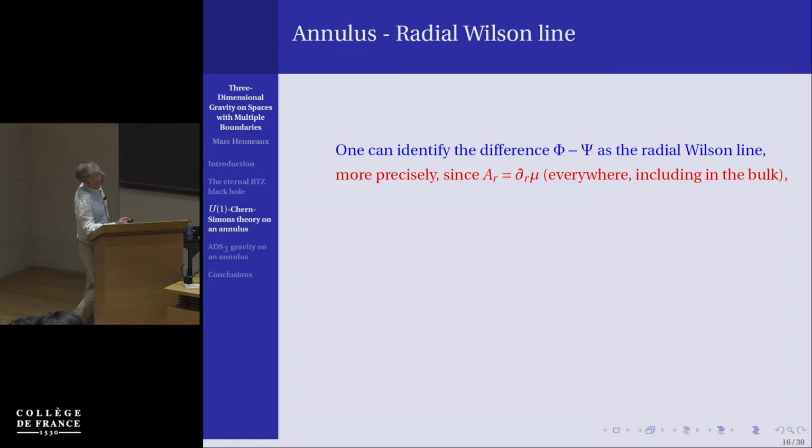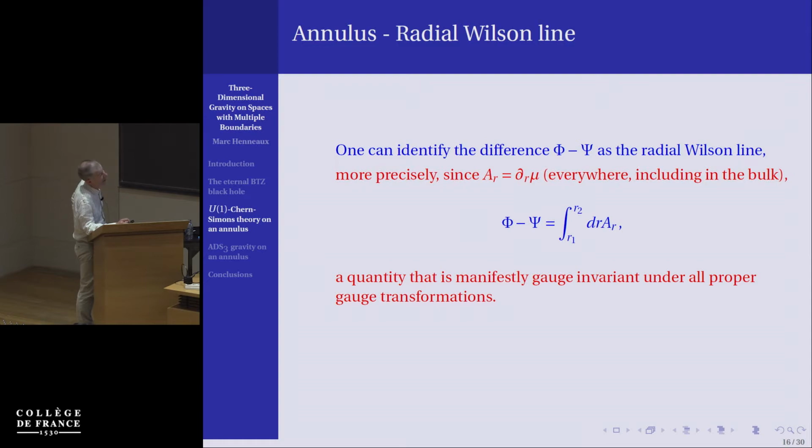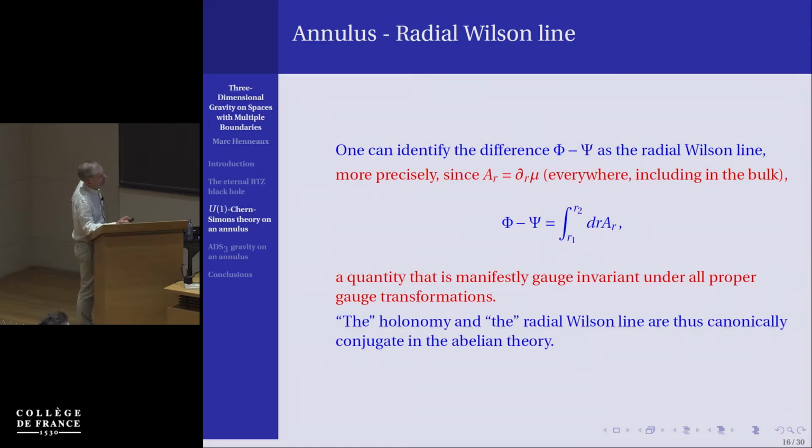So we have that AR is dr of mu, and if you integrate that expression, given the definition of mu and phi and psi, you will just find the difference. So indeed, you find that this is the radial Wilson line. As I said, it's manifestly gauge invariant under all proper gauge transformations. Now, I say the holonomy because there is only one.